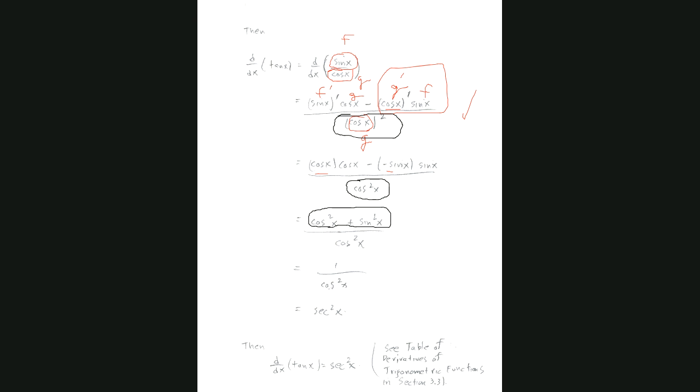So the derivative of the tangent of x, one moment, I'll get that question, Ian, hold on. The derivative of the tangent of x equals secant squared of x.